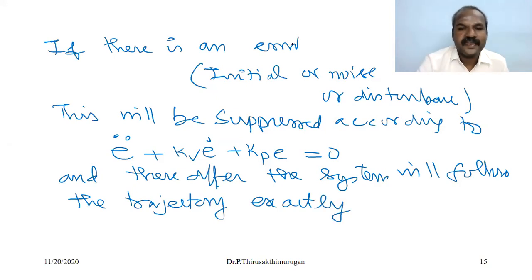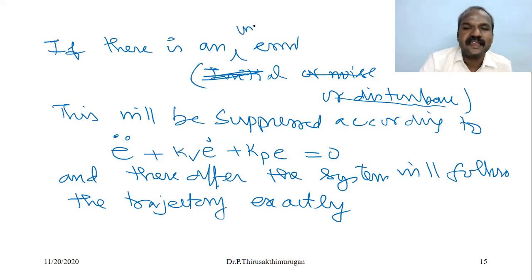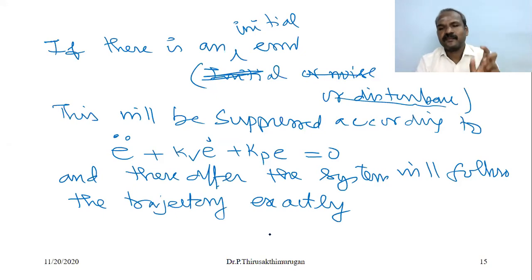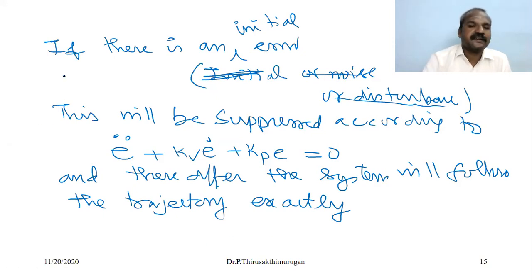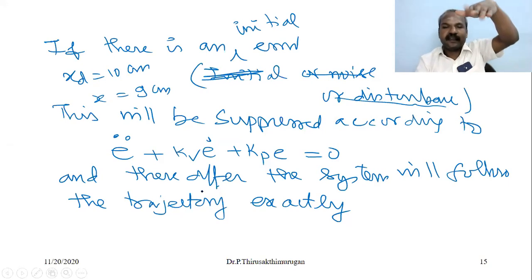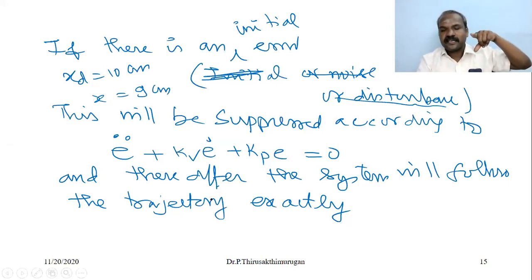Consider an initial error, ignoring disturbances or noise. Initial error means suppose we set x desired as 10 centimeter, and x actual is 9 centimeter. So the robot is initially at 9 centimeter.